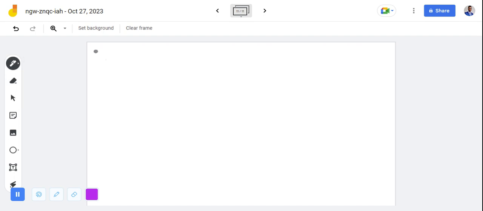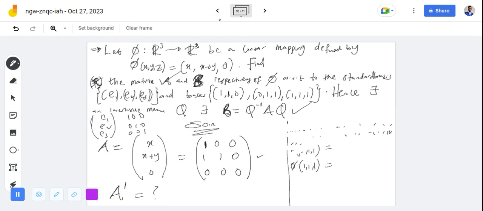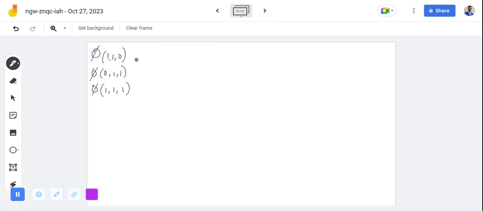So we have phi of, okay, call that. We have this as 110. We have 011. And finally, we have 111. So let's confirm. Is it the same thing? Yes, 111. And then here we should have x1 of the E1 itself, right?